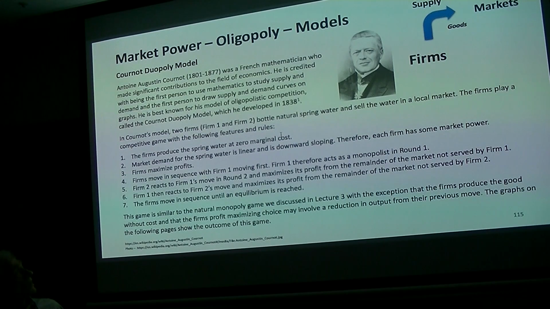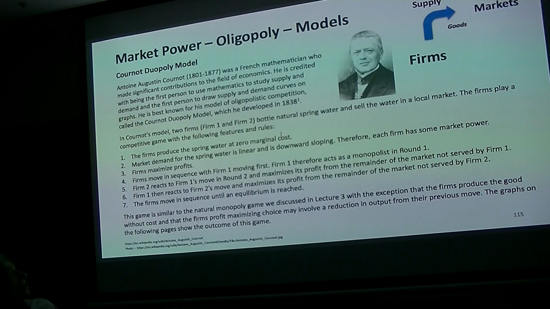He used mathematics to study supply and demand, and he was the first person to draw supply and demand curves on graphs. And he came up with this model of oligopolistic competition, called the Cournot duopoly model. I'll just introduce this, and then we'll close here.